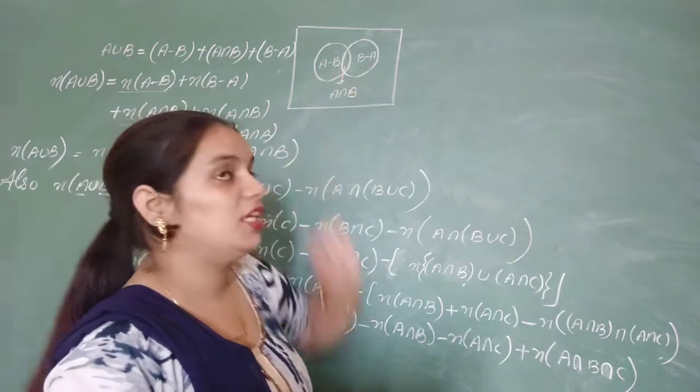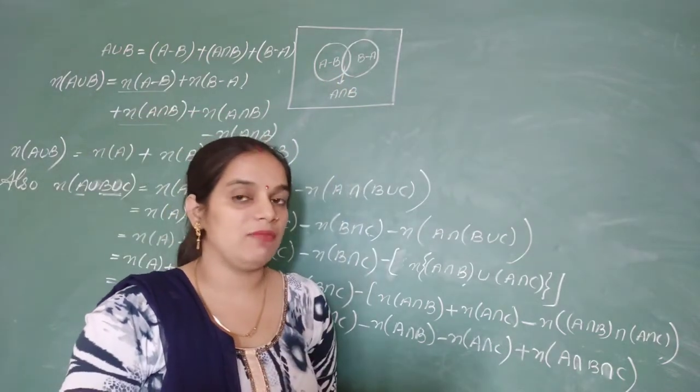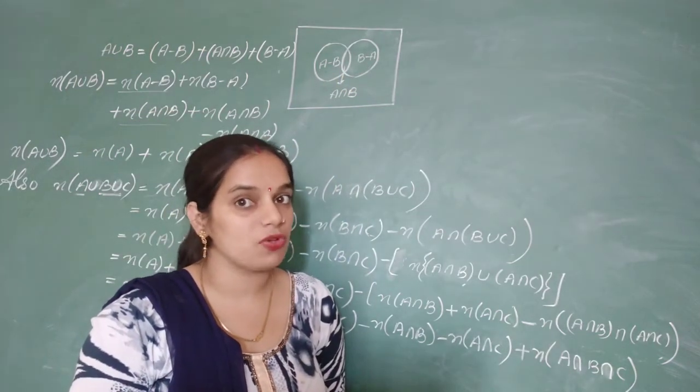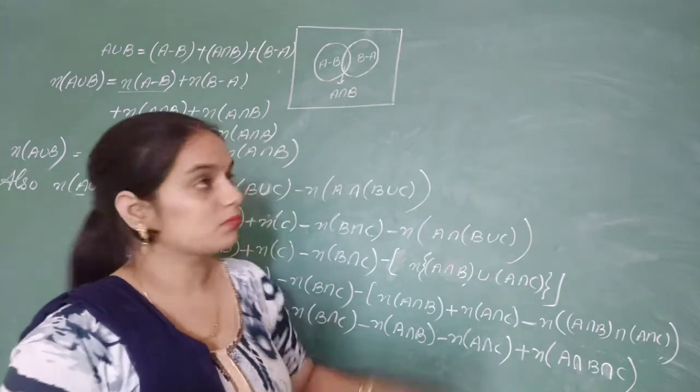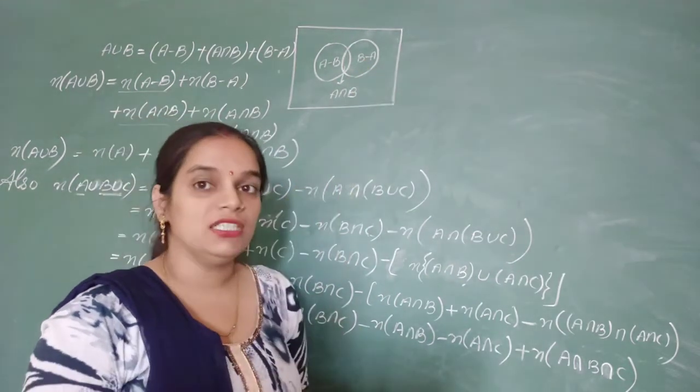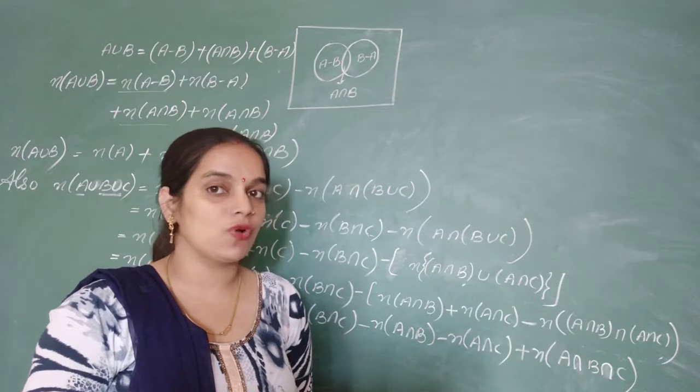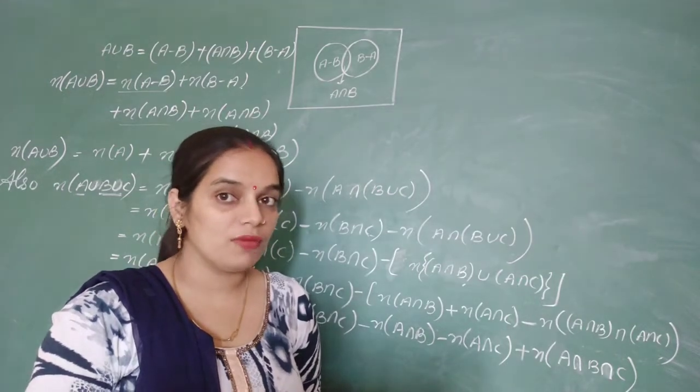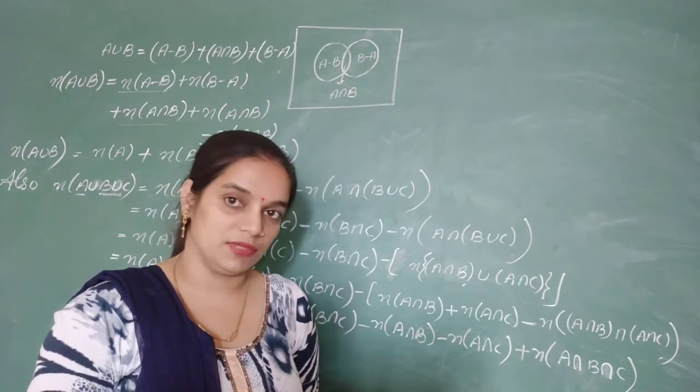In A minus B there will be the elements of set A which do not come in the set B. In B minus A there are the elements of set B which don't come in the set A.